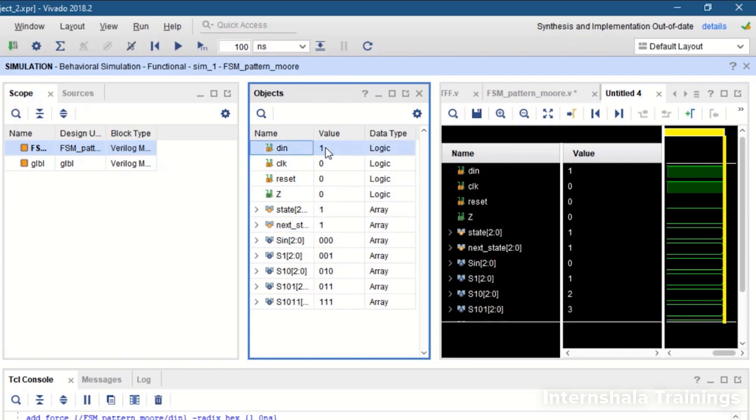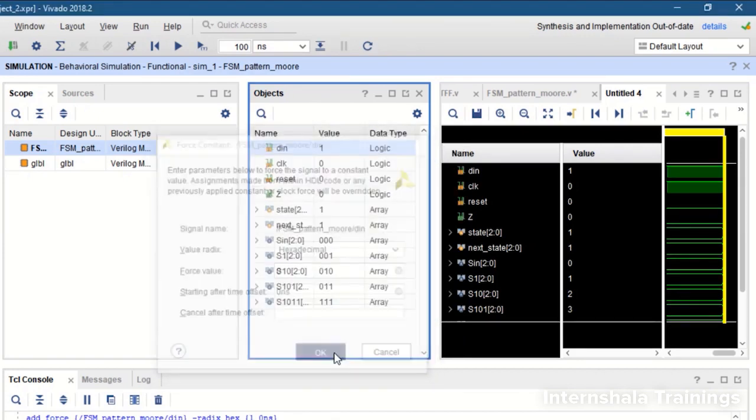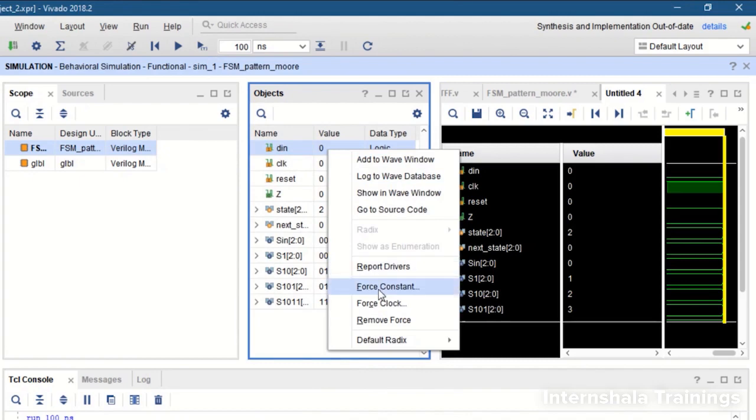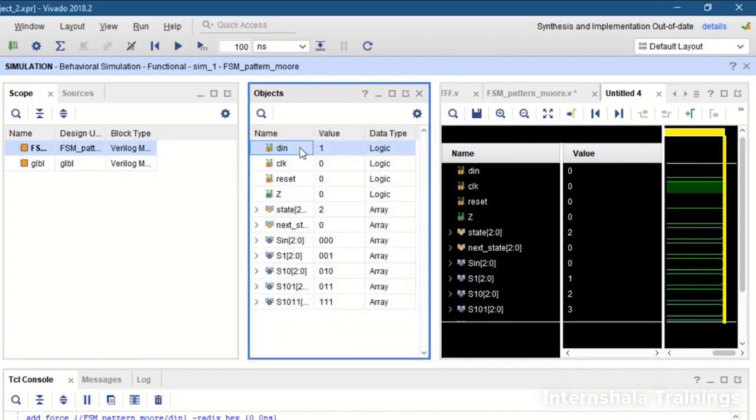After 1, I want to give my input as 0. So I set it 0 and run for 1 more clock. After 0, I give my input as 1. I am only changing D in, nothing else, and run for 1 more clock and then 1 more clock, and you can see at this point Z is 1.